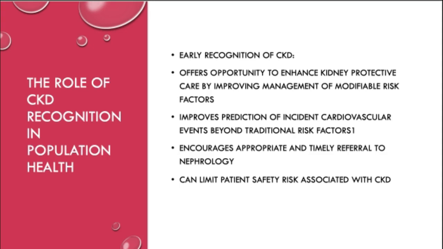So those are people that we need to make sure that we're following. You want to encourage appropriate and timely referral to nephrology, and we actually have really great nephrologists at Marion, and this is one thing that they say over and over, because a lot of these patients, if they had the chance to see them earlier on in their care, might have been able to slow down the progression of their disease.